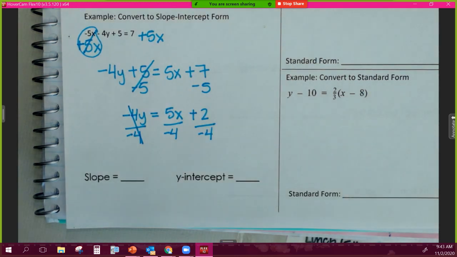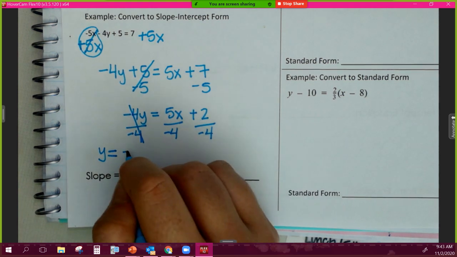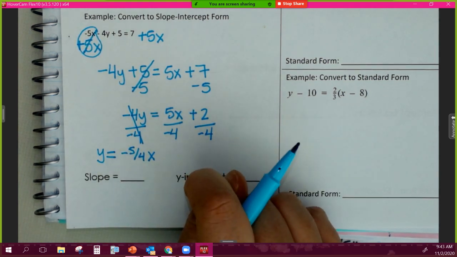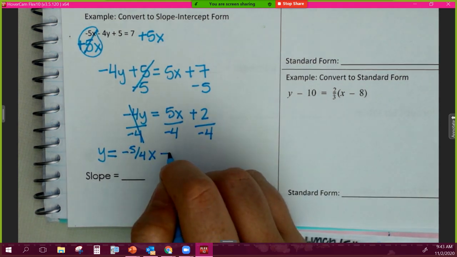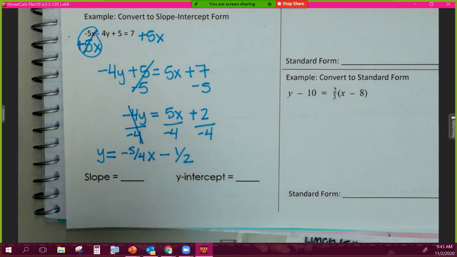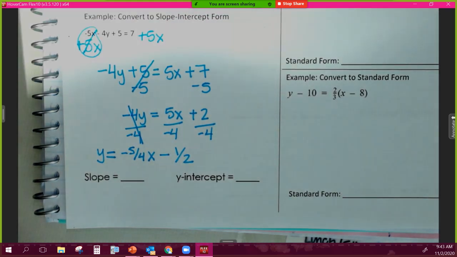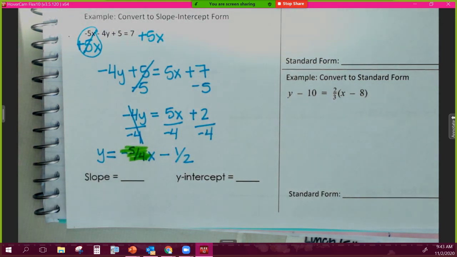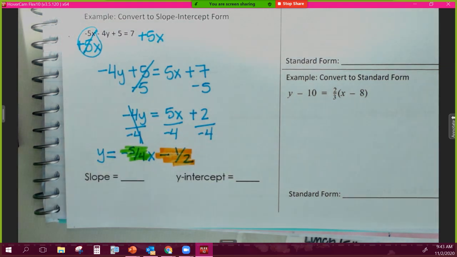So that'll become 1. You're left with y is equal to negative 5/4 x. That's already a reduced fraction. And then positive 2 over negative 4 reduces to negative 1/2. And then it's easy to identify. Here's our slope. And there's our y-intercept.